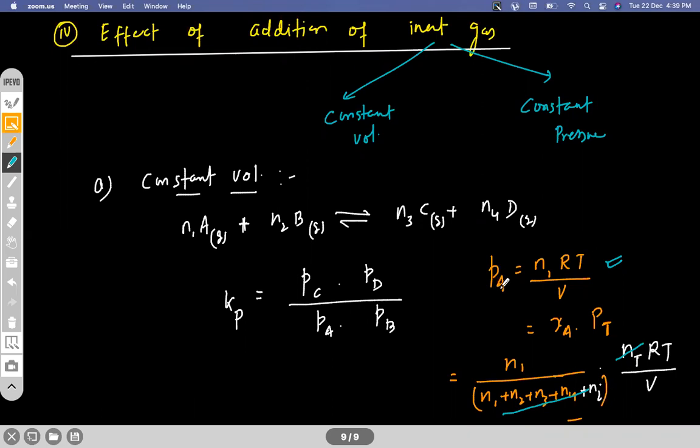So what we can say is, if you add an inert gas at constant volume, this won't affect the partial pressure of any of the components, and hence there's no effect on equilibrium.